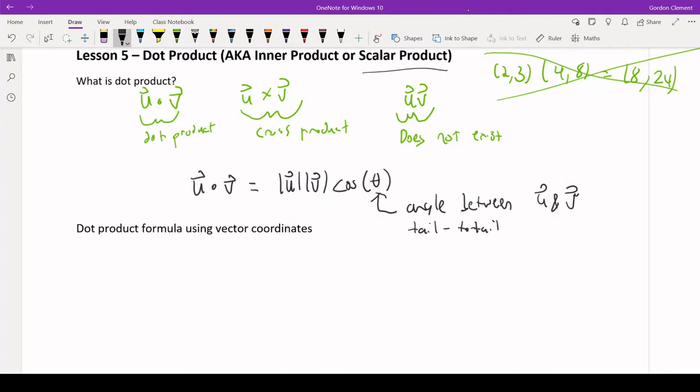Why this formula? I think it's rooted in physics. I know the dot product is used for the work formula. The work formula in physics is the force vector dotted with the displacement vector. I don't know exactly why this formula came to be. I know that it does all the things you want a dot product to do, which is a weird thing to say mathematically, because saying define it to be what you want it to be is kind of weird.